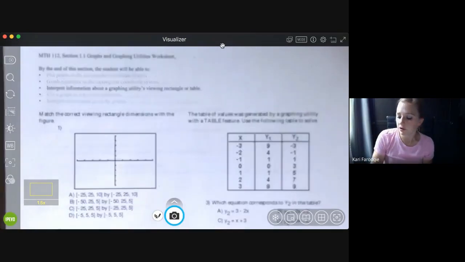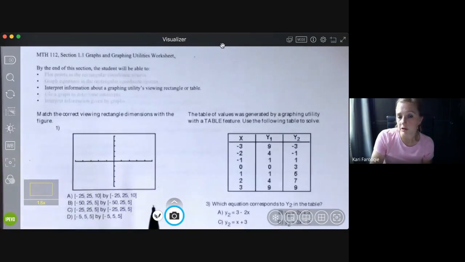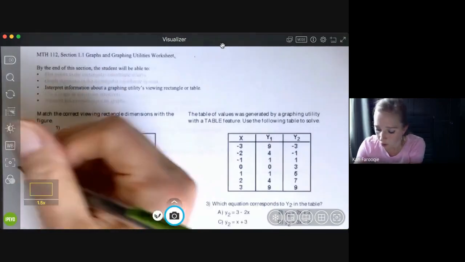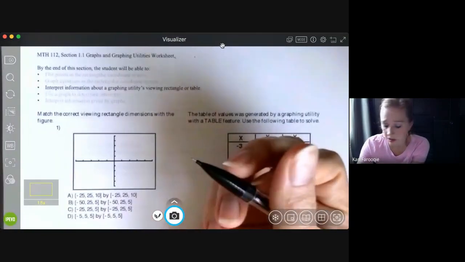Now, when you're looking at these options for A, B, C, and D, what you're looking at here are just basically the standard way that we would note the dimensions for a graphing calculator window.